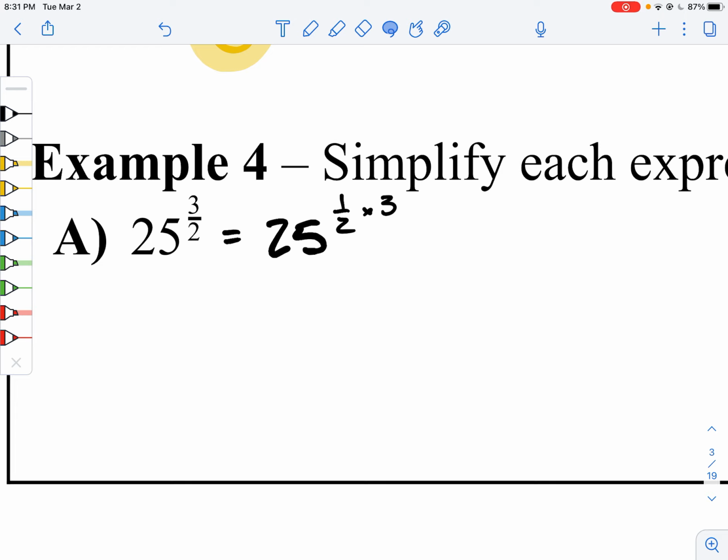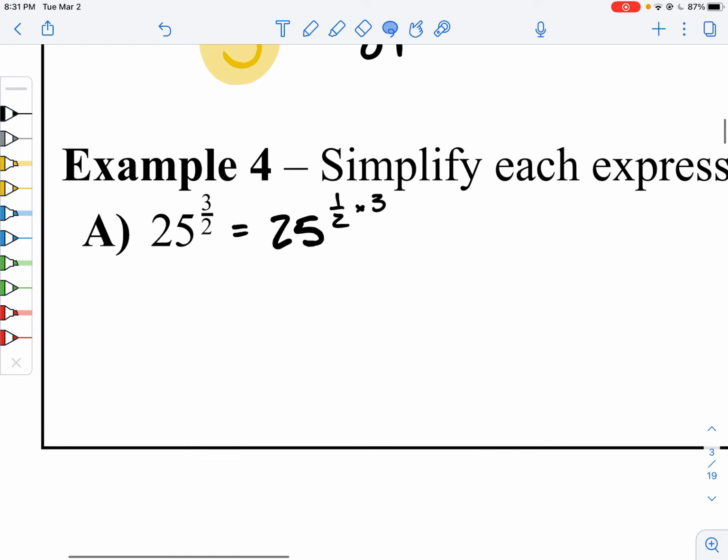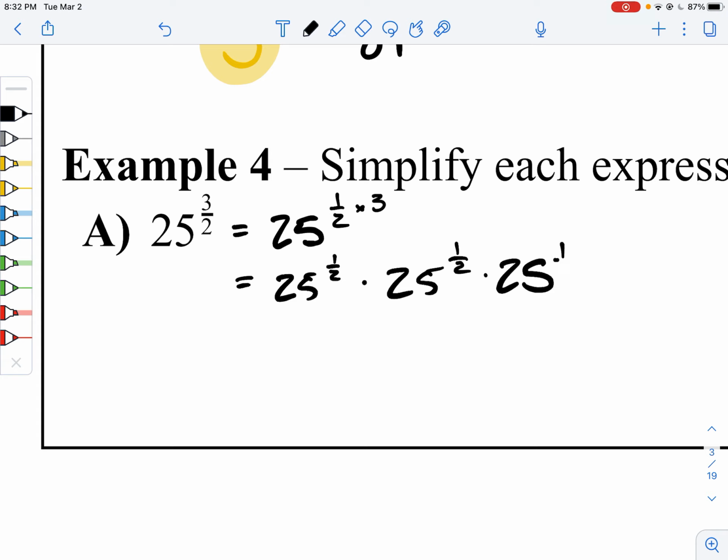Well, we're gonna jump in. Because that's the same thing as 25 to the 1/2 power times 25 to the 1/2 power times, oops, I missed, 25 to the 1/2 power.